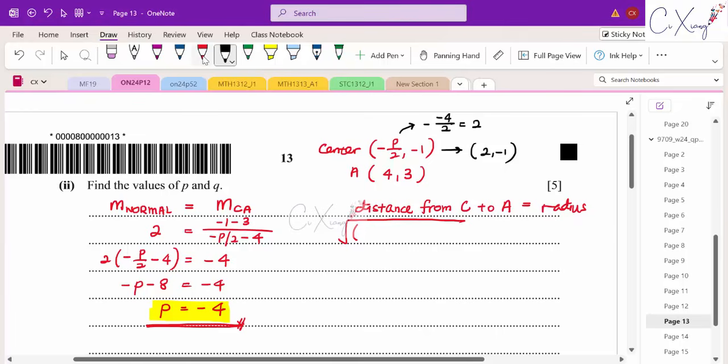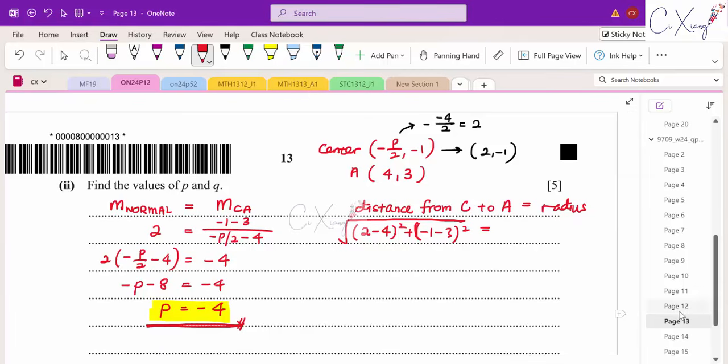Now please use this new value for the center and substitute into the distance formula. So you have x1 minus x2 squared plus y1 minus y2 squared, and it is equal to the radius. So what is the radius of the circle just now?